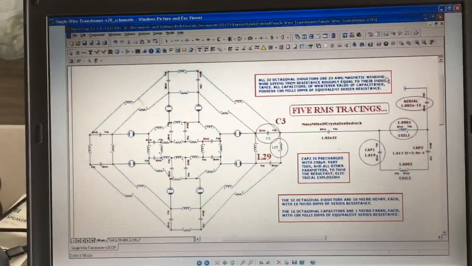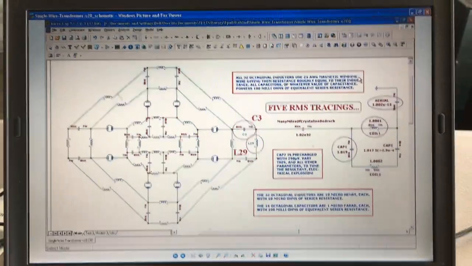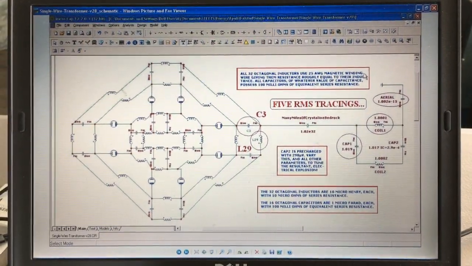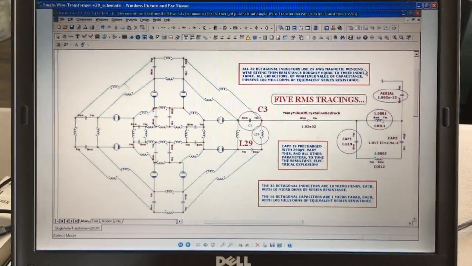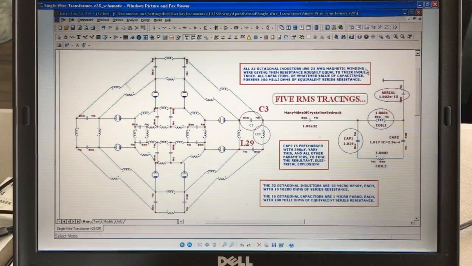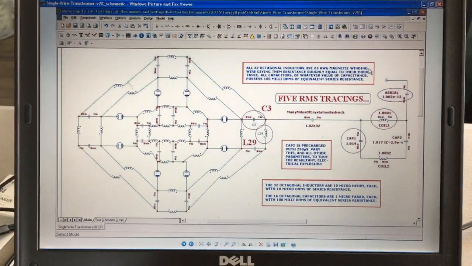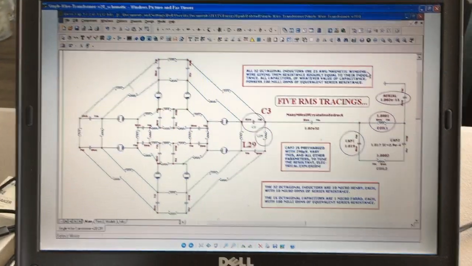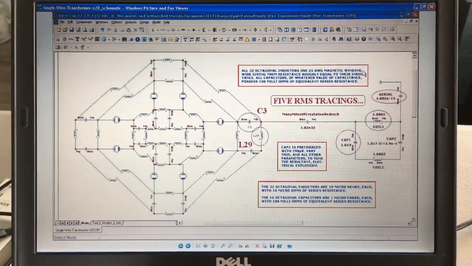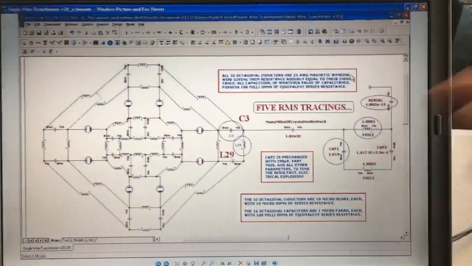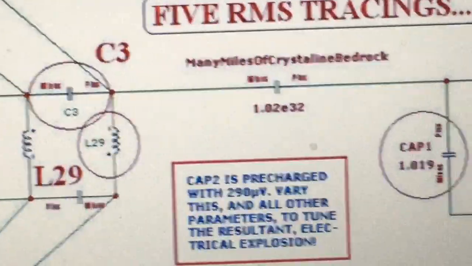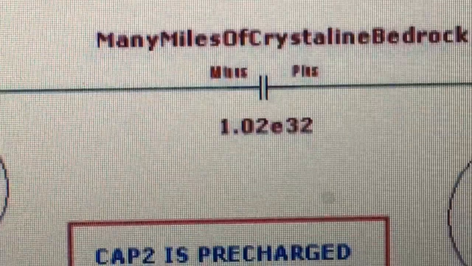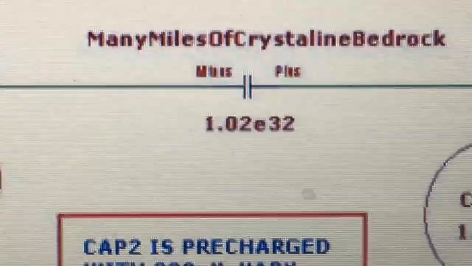Now all the capacitors have 100 milliohms of equivalent series resistance, and that means I have to go and vary those as well as the capacitances of those capacitors, of all the capacitors. So I have a different one for each capacitor, no matter what the value of the capacitor is. It could be this one here that has a very large capacitance of 1.02 e to the 32.